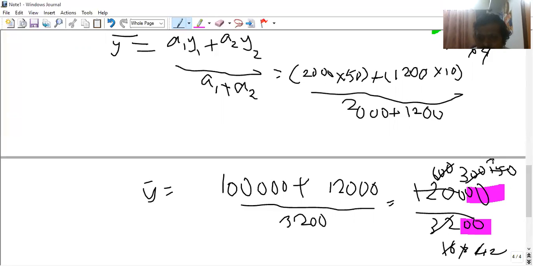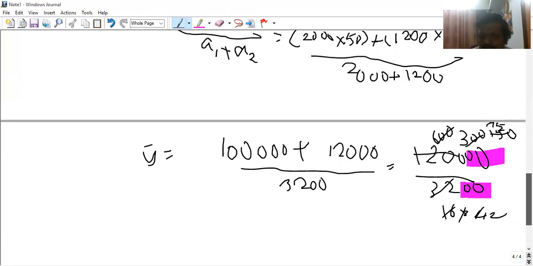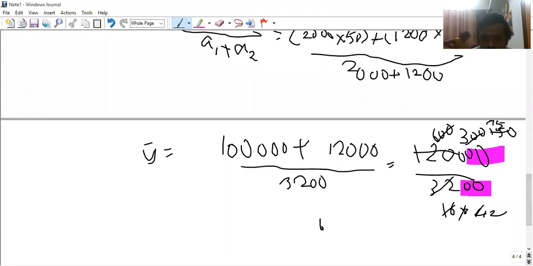Actually, I am just showing you simple cancellation, students. These things you can actually do directly with a calculator. So the value of y bar will be 75 by 2, which is 37.5.